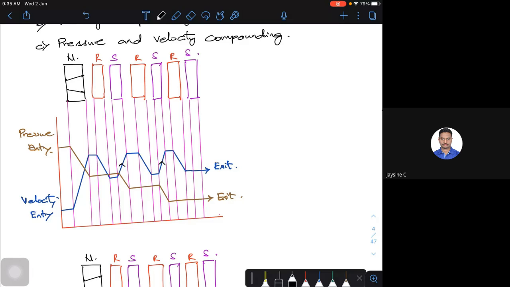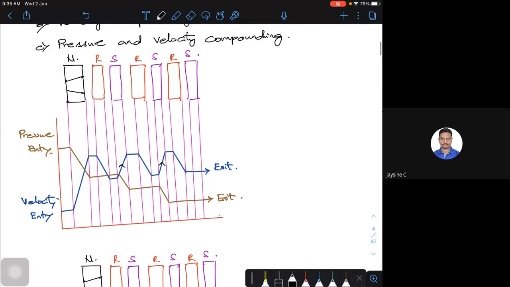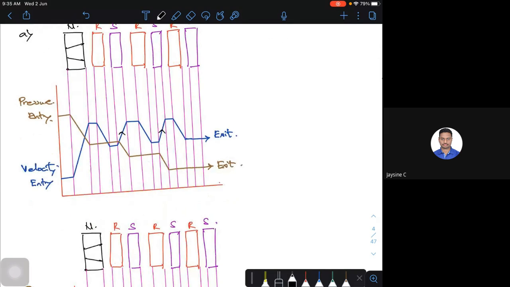Now, I'm speaking only of pressure compounding, the first type, A. This sketch shows pressure compounding. The entry is at a very high pressure, and the pressure drop takes place only in the stator.